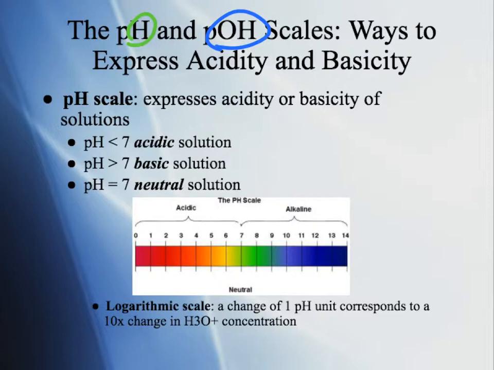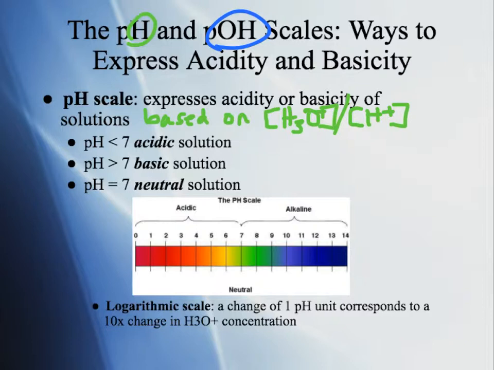So a pH scale is going to express acidity or basicity of solutions based on the concentration of hydronium ions, or remember, same thing as hydrogen ions.